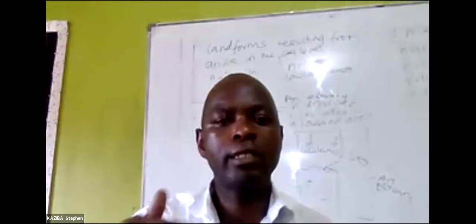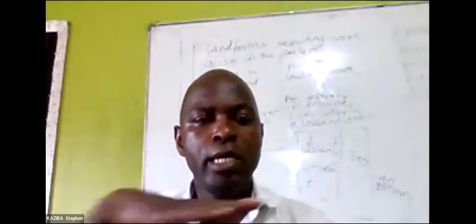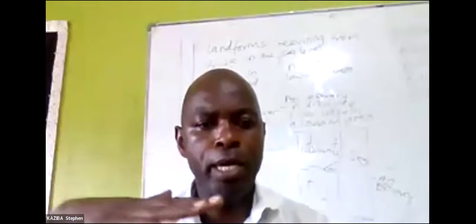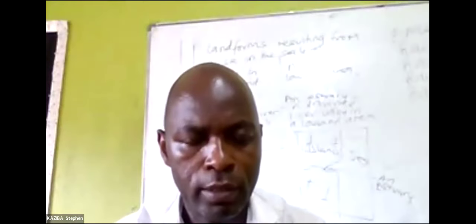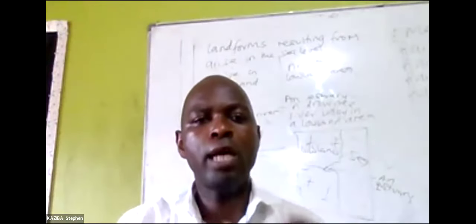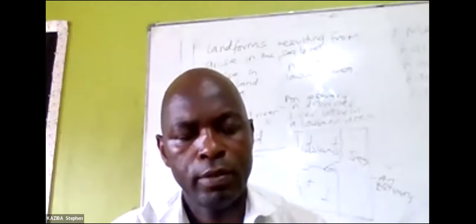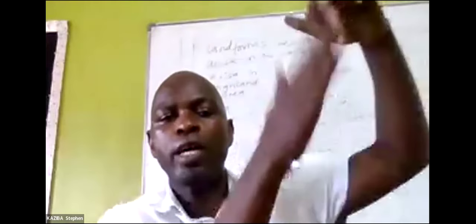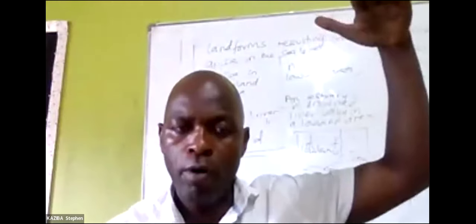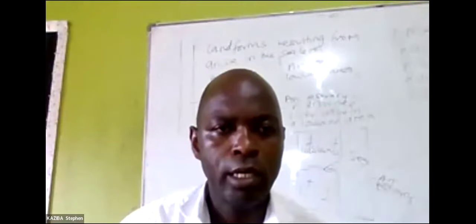And these layers are subdivided into A, B, C, D. And these layers can be differentiated by their colors, texture.